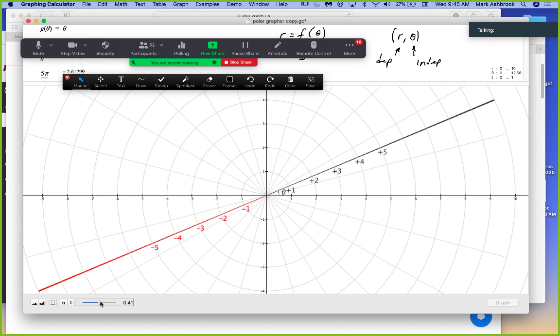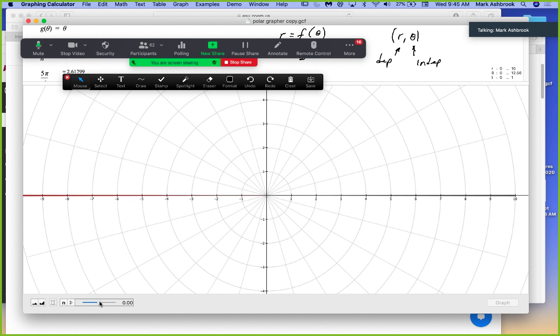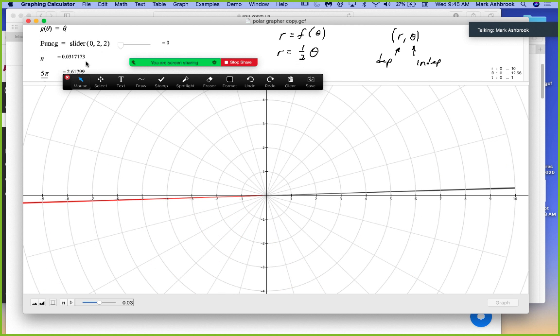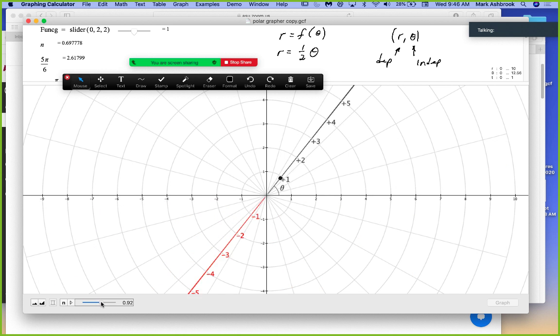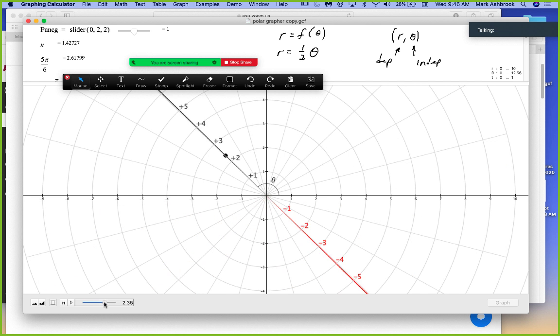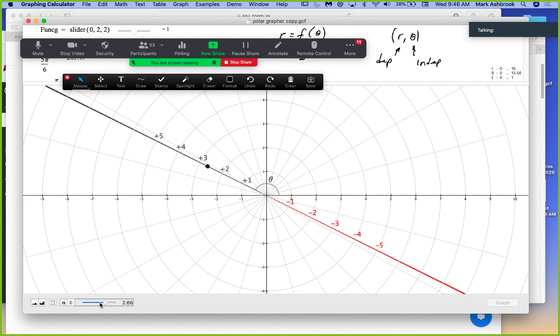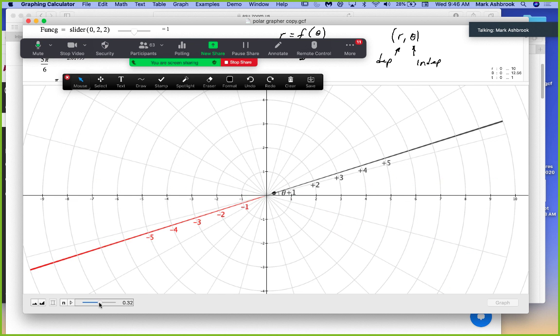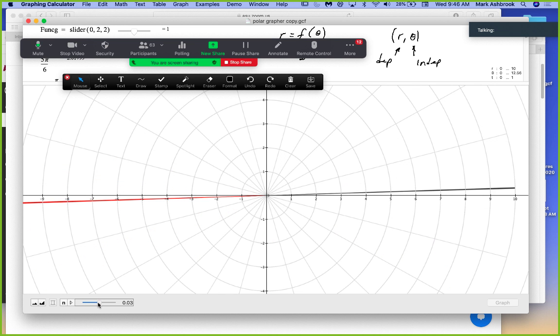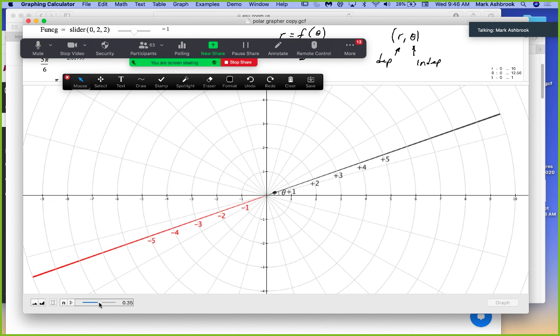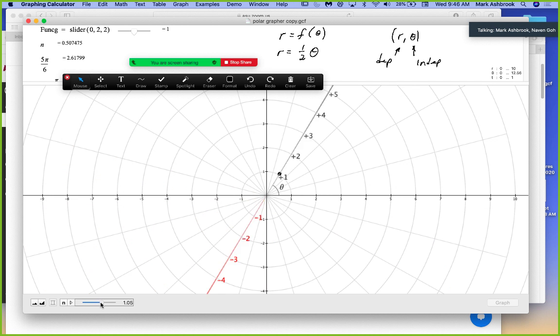Now I want to show you, and see if this is what you imagined. I'm going to show you points now, and you see if this is what you imagined. Ready? Watch. Is this what you imagined? That's r increasing with theta. Show it again. Here's theta equals 0. Here's r increasing as theta increases.